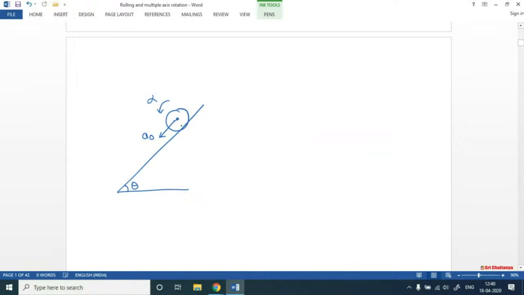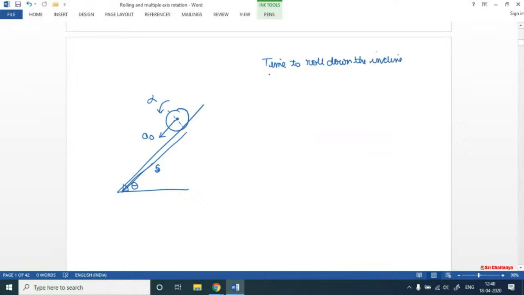So let's say it has to roll down the incline by a length of, let's say, S. And we are now interested in how much time it will take for this sphere to roll down the incline, and what would be its final velocity, final angular velocity, etc. So time to roll down the incline, if we are trying to find out.